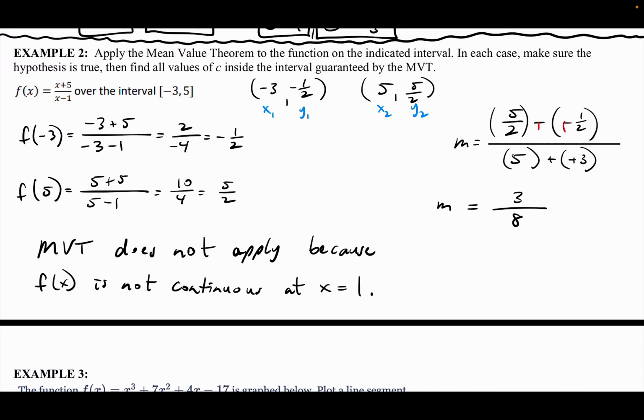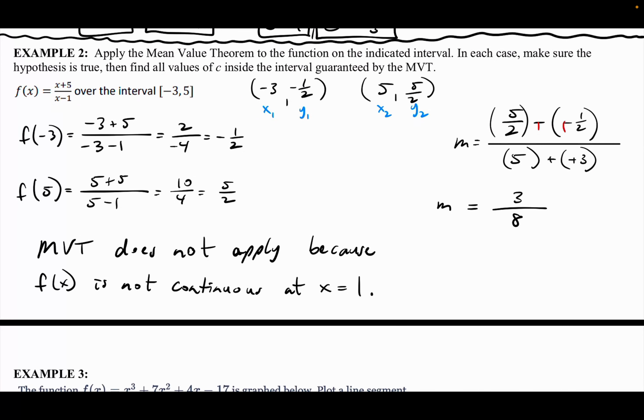It's like playing a game with an ineligible player. Like a football team has a player on their team who doesn't have grades, so they have to sit out. But they let them play anyway. Well, it doesn't matter what happens if win or lose, because you're going to lose the game anyway because you have an ineligible person. It's the same thing here. It doesn't even qualify for the mean value theorem.